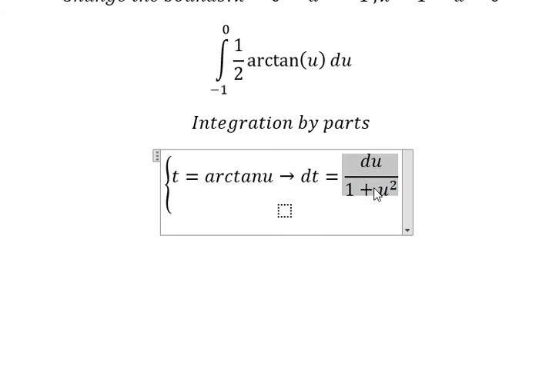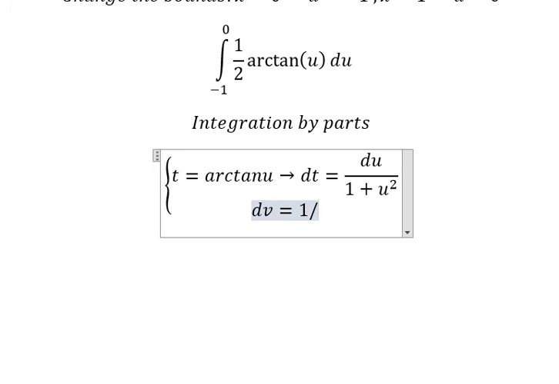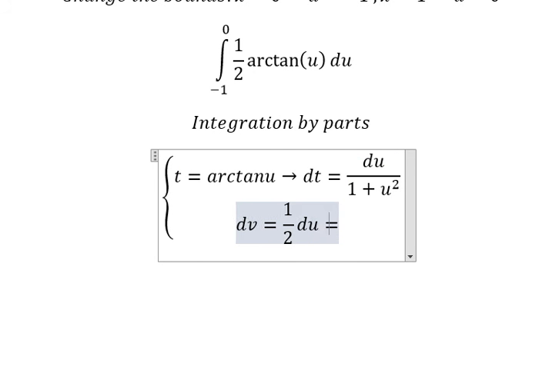And we have it like this: dv is 1 over 2 du, and we have v equals u over 2.